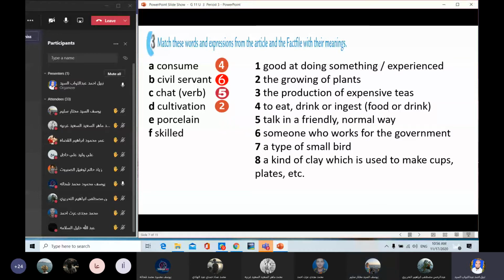Omar Mahmoud, porcelain. Number 8, a kind of clay which is used for cups and plates. Very good. Thank you. Good. Abdullah Khalil, skilled. Good at doing something. Number 1. Okay, Abdullah Khalil, what are you skilled at?